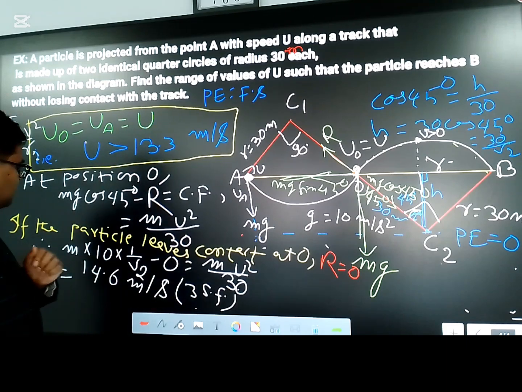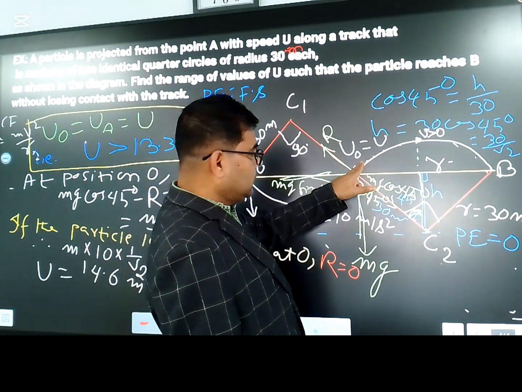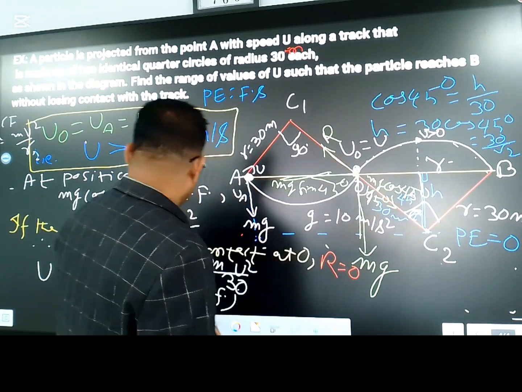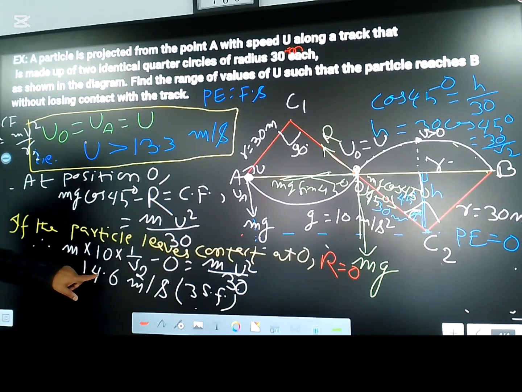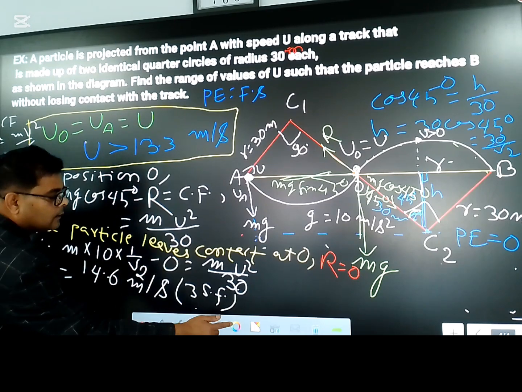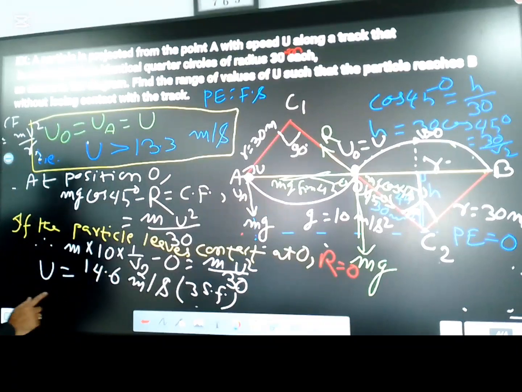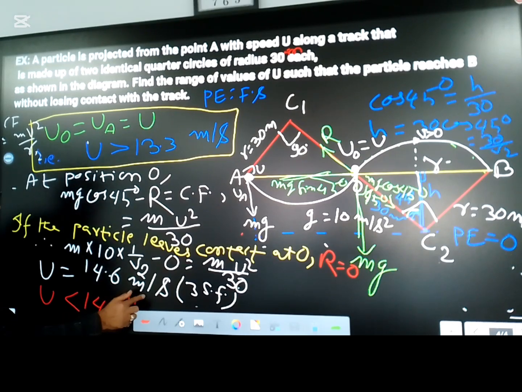So what do you think about this? In order to keep that particle in contact with this track, u provided at this point must not be bigger than or equal to 14.6. That means at this point, the particle will not lose the contact only if u is less than 14.6 meters per second.